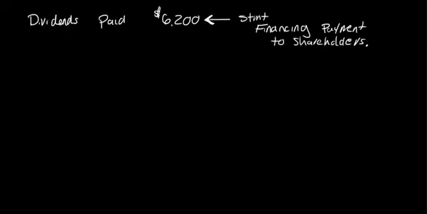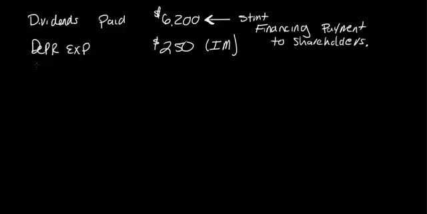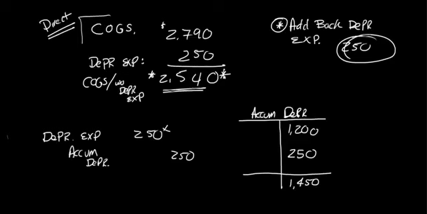Our best guess of the depreciation expense is $250, and that's going to be used in the indirect method. And the cost of goods sold, adjusted for the depreciation expense, was, let me look back, $2,540.